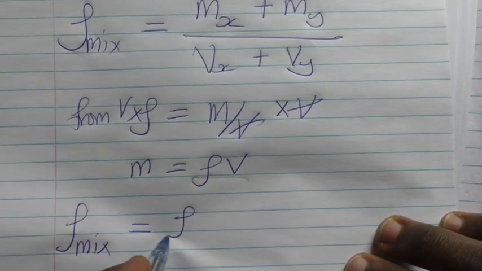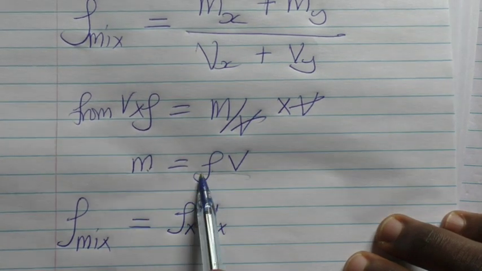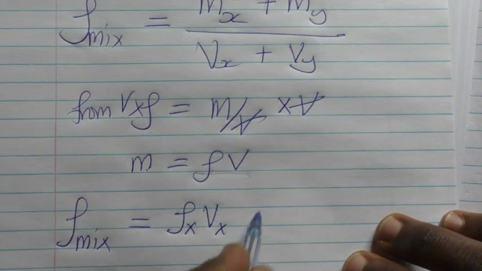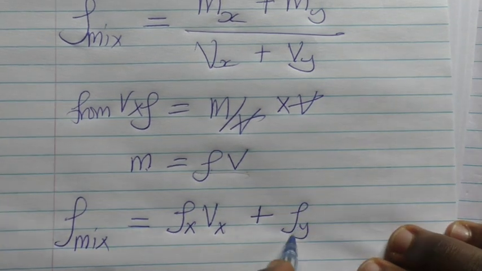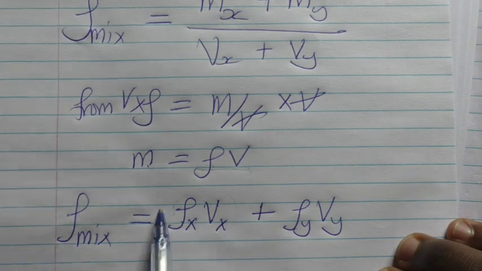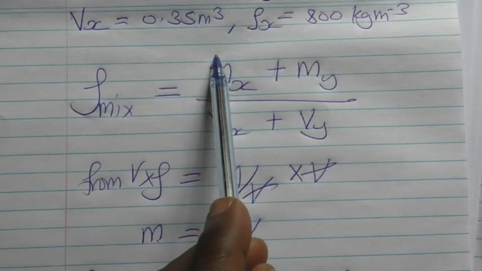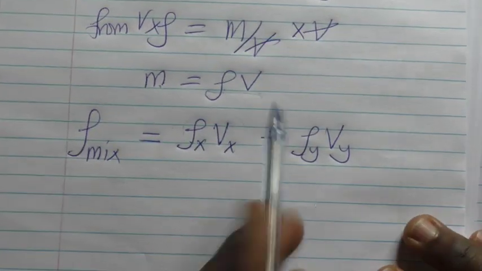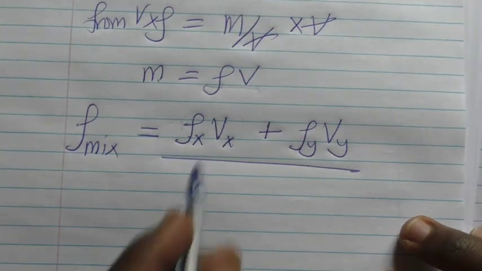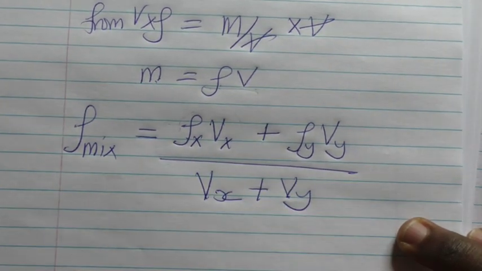That is rho of x, v of x, since mass equals rho v, plus rho of y, v of y. So we are using this instead of the mass, over the volume of x plus volume of y.